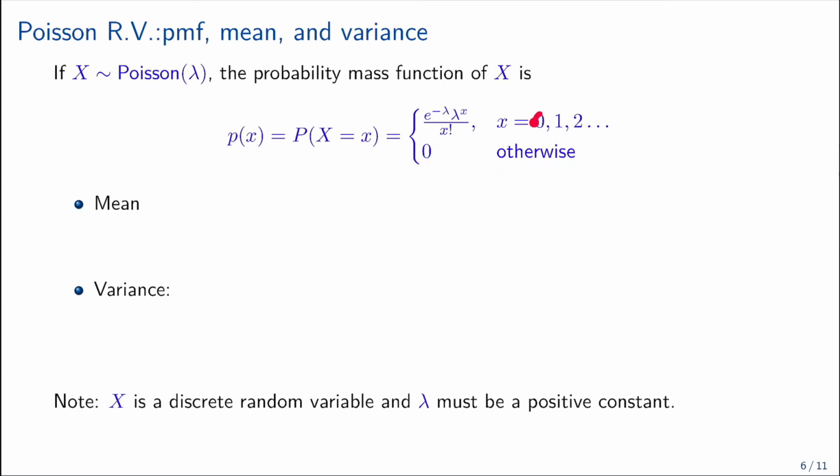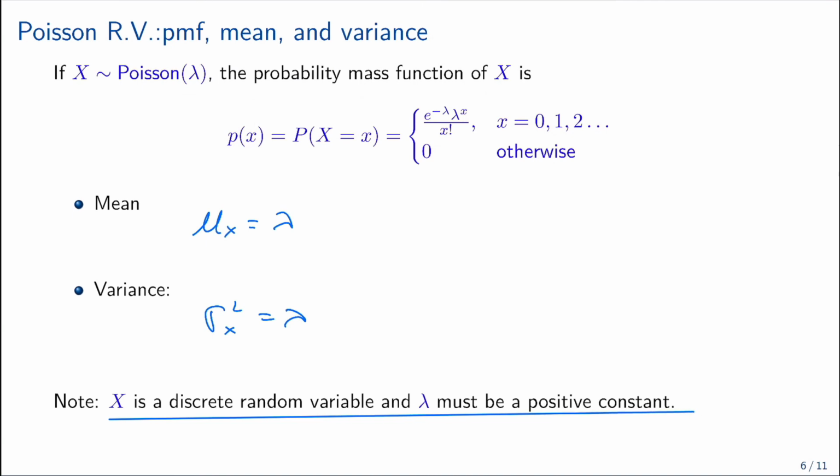This is still a discrete variable because it takes only integer values. The mean of the Poisson distribution, mu of x, is given by lambda, and the variance of the Poisson distribution is also given by lambda. To highlight, x is a discrete random variable, and lambda must be a positive constant.